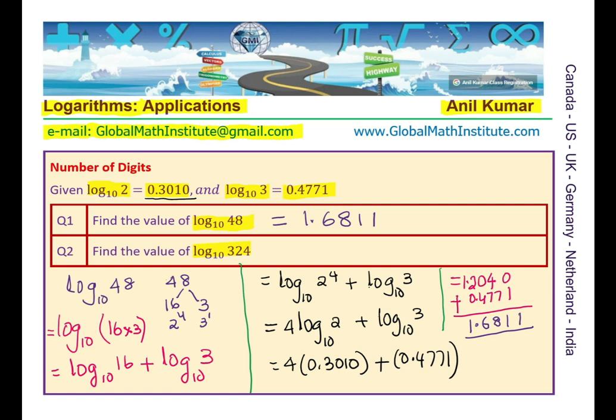Now you can always pause this video and answer what will be the value for log to the base 10 of 324. Now 324 is a slightly bigger number. So to get the result, what you could do is split 324 as we did for 48. Now 48 was a very simple number.